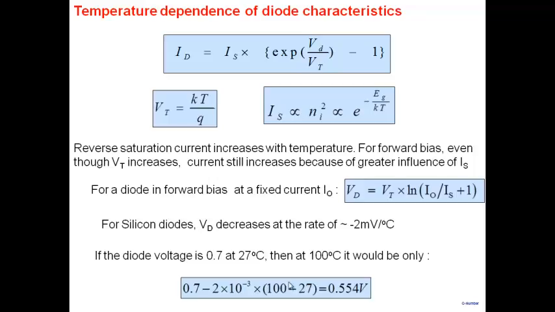I'm not going to operate my circuit at boiling point. But the point is, what does this temperature really refer to? The temperature that enters into Vt and Is is not the ambient temperature. It's the temperature of the junction where the current is flowing. It's that particular point. Okay.